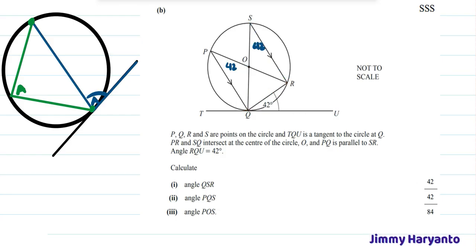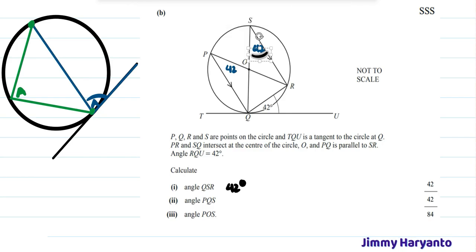And then next is angle QSR. We already have it, which is 42. And then PQS. Oh, this one, yeah. Because this is a radius and this one is also a radius, the triangle will be isosceles. That means this one is also 42.